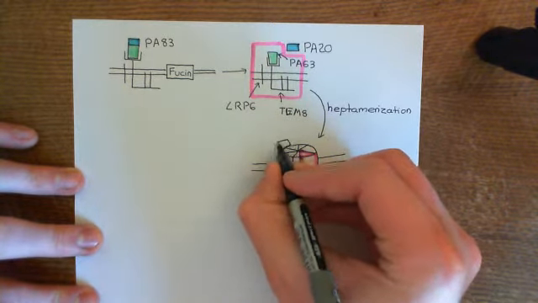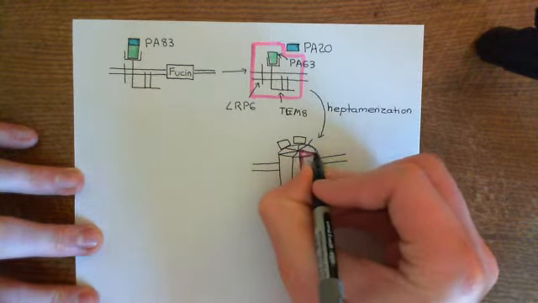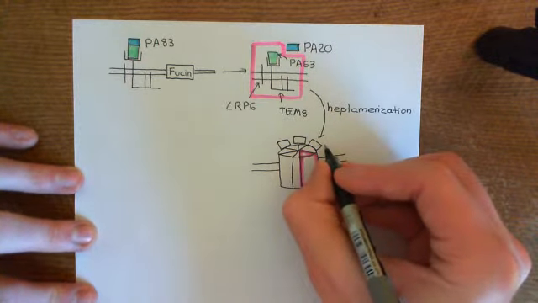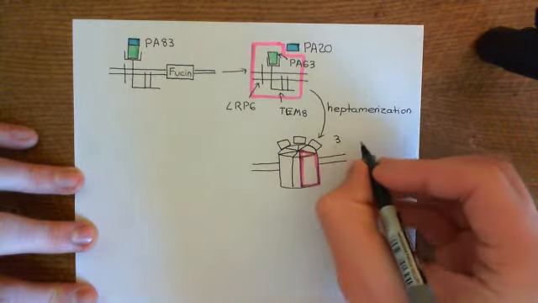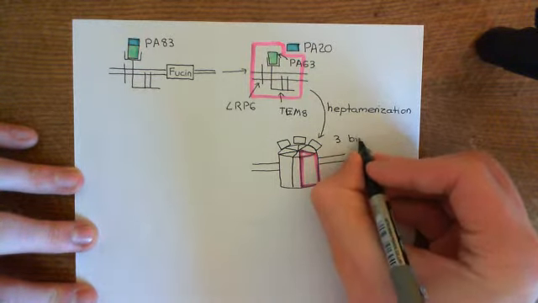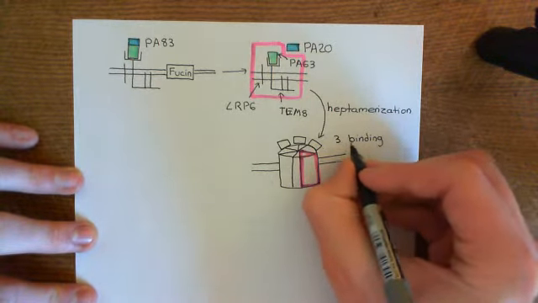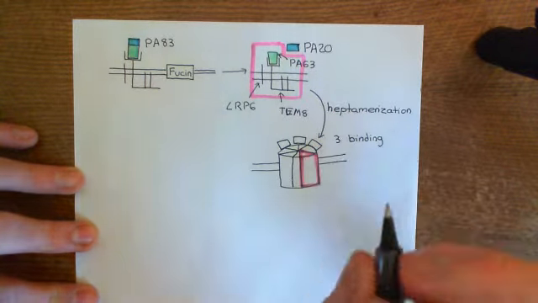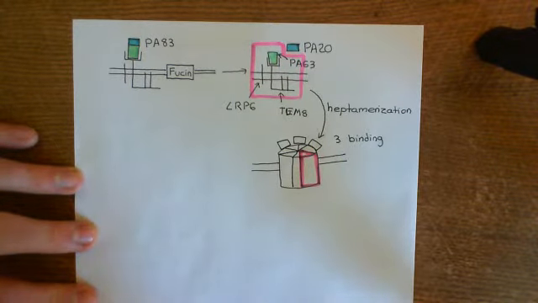So let's have this as 1, here is 2, and here is 3. So there are 3 binding sites. Now, it's not specified how many of each you have. You could have 3 LFs come and bind here, or 3 EFs coming and binding here, or you could have a mixture, maybe 2 edema factors and 1 lethal factor, but it's not specified strictly how many lethal factors and how many edema factors you're going to bring in.